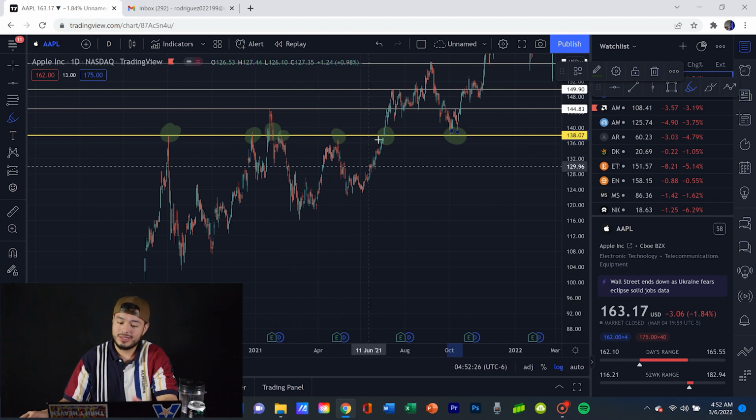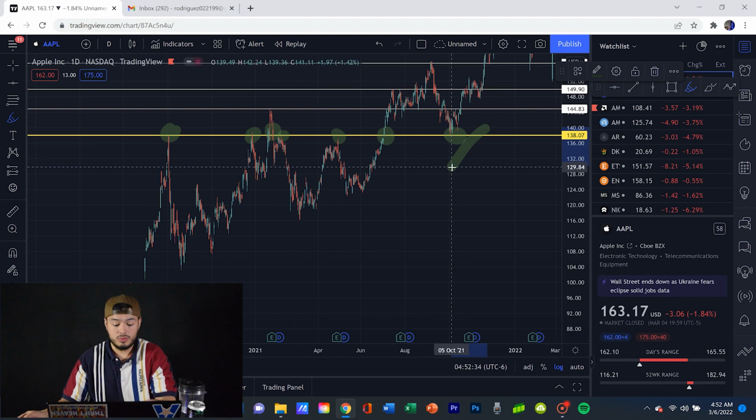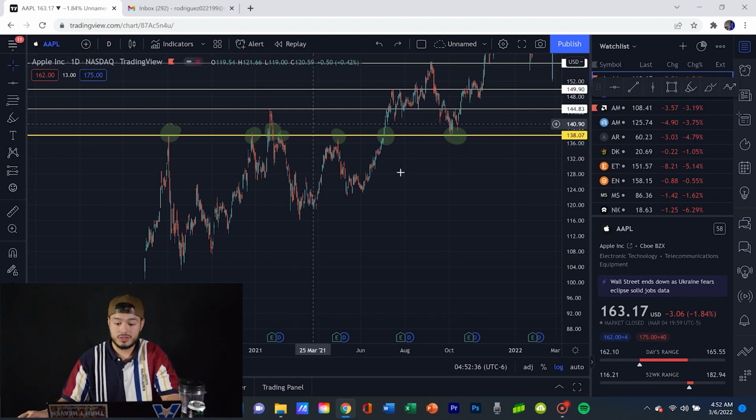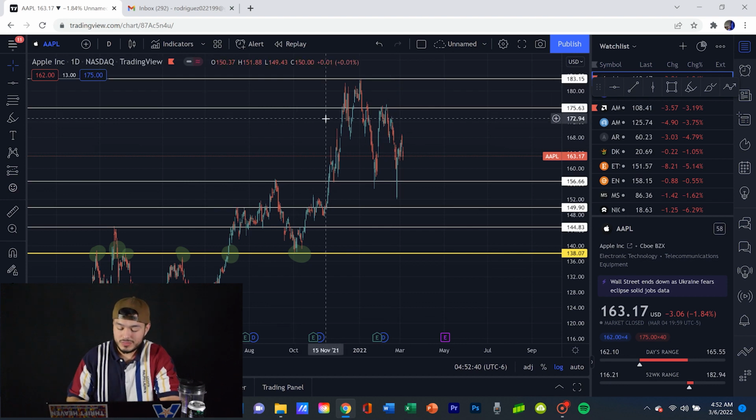Right here, I kind of argue that it's not necessarily in a downtrend. But right here, it's been an uptrend, comes down into a downtrend, and bounces off of it. Let me go ahead and get out of this and go to my cursor. Since then, it's really been in an uptrend. So again, 138 is a pretty strong level for Apple, and if you were to ever see it at 138 again, it'll probably serve as a good support, depending on what's going on in the world.